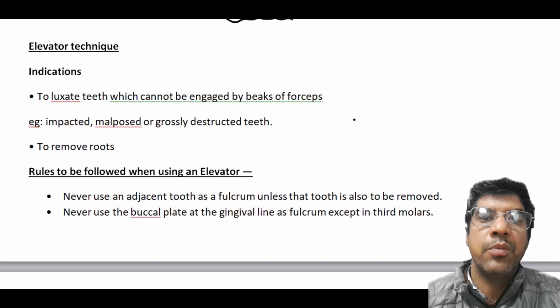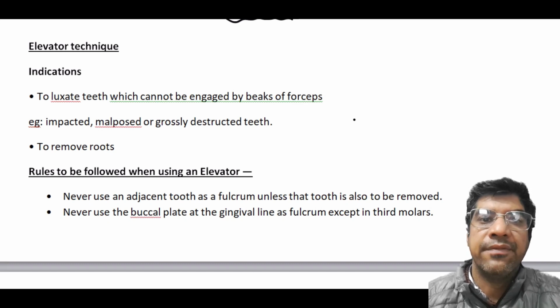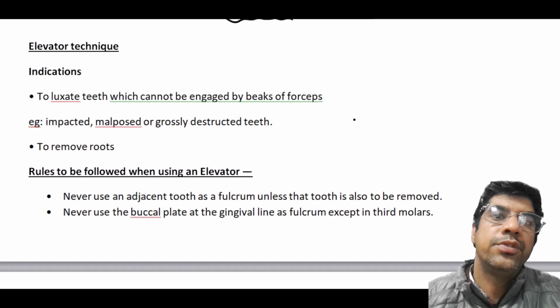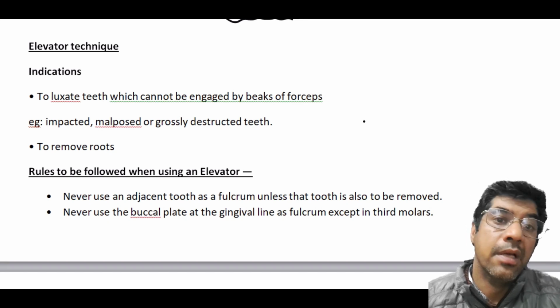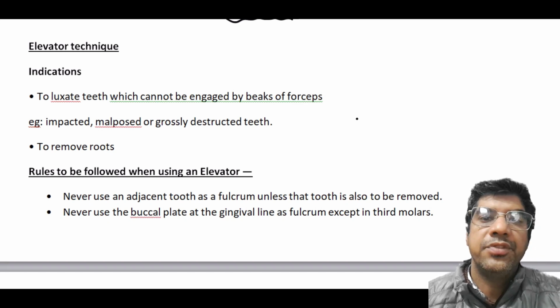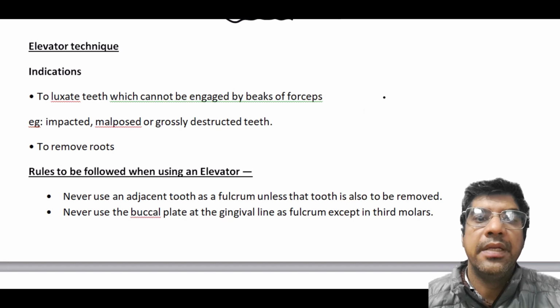Except for the third molar, avoid using the buccal plate as the fulcrum. Always use finger guards to protect the patient in case the elevator slips. Always use interseptal bone as fulcrum for better control. Avoid using an elevator to luxate a tooth that has a tooth distal to it.